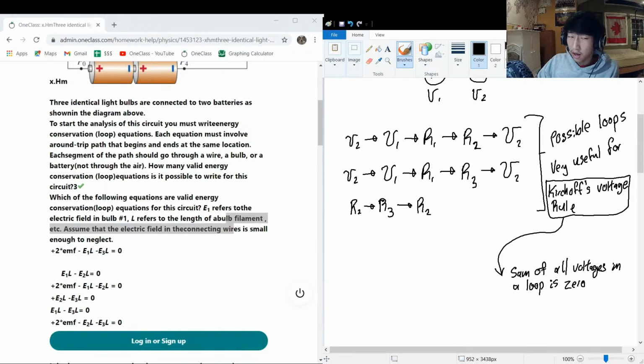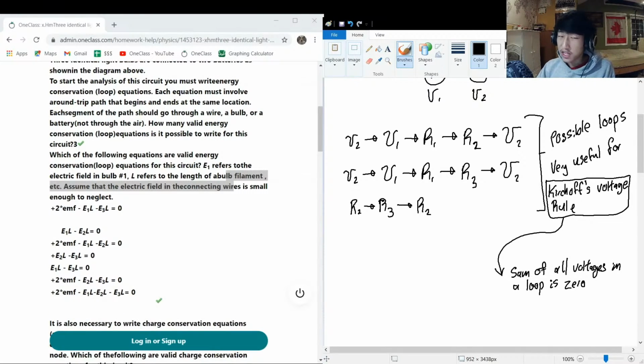Something a little bit fishy about this question is they have E. I guess if E represents the electric field instead of voltage, this could kind of work out, but we need some more context about the internal information about the light, but we can still proceed.